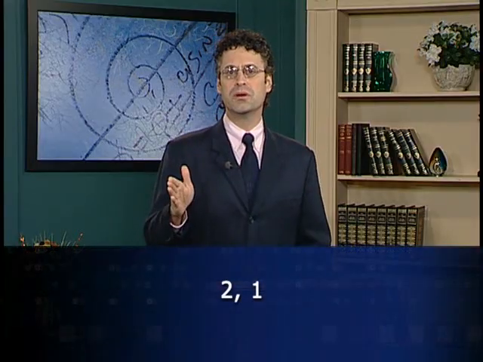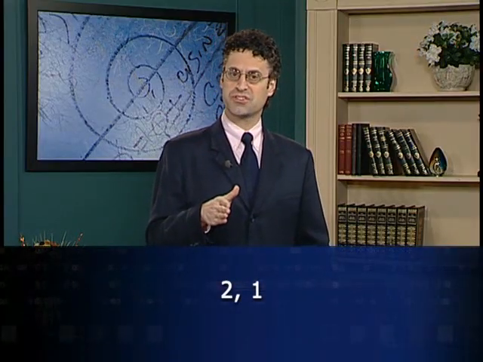Well, we can generate a different recurrence sequence by simply changing the starting seeds, but keeping the same pattern, the same rule of adding 2 adjacent numbers to generate the next number. So now let's suppose we start with 2 and 1 as our starting seeds.